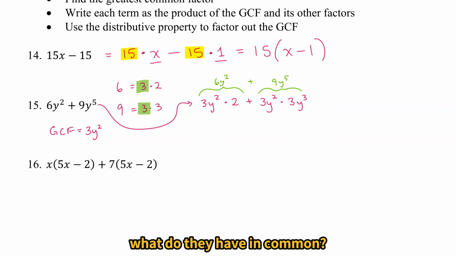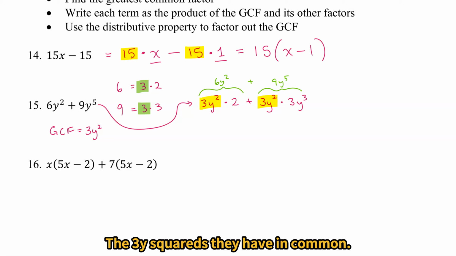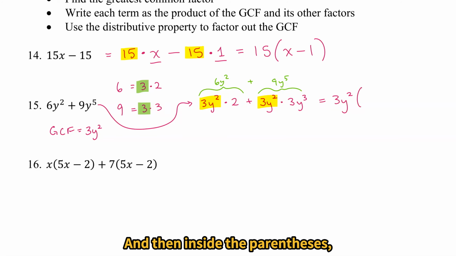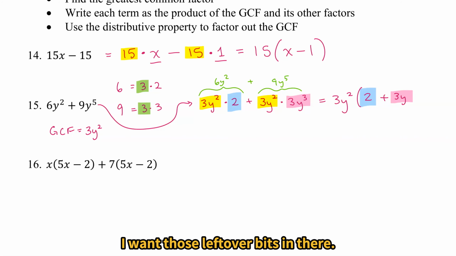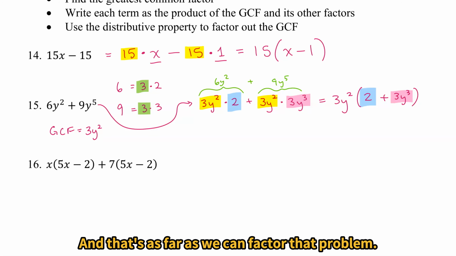And then I can see what they have in common, the 3y squareds. And then inside the parentheses, I'll have 2 plus 3y cubed. I want those leftover bits in there. And that's as far as we can factor that problem.